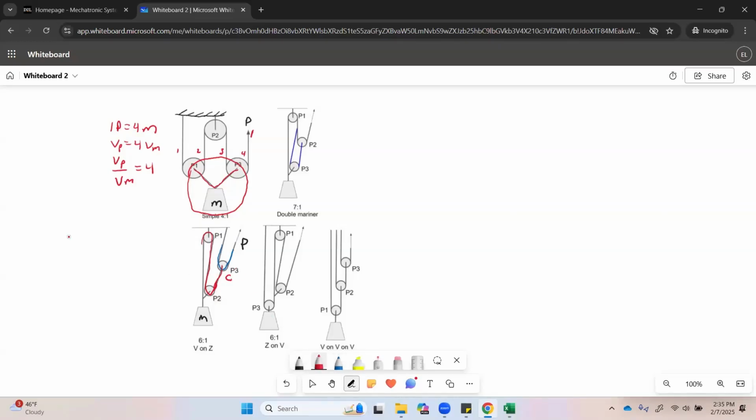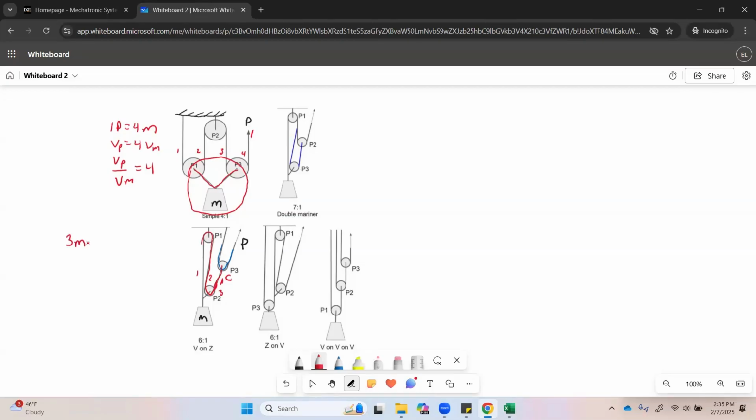So the red rope equation is going to relate the mass to C. Here we've got 1 red rope pulling on C, and then on this mass, we've got 1, 2, 3 pulling up on that mass.